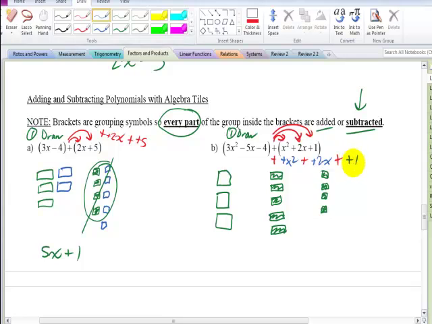Okay, so you add each piece. Go ahead and draw that. Add each piece.